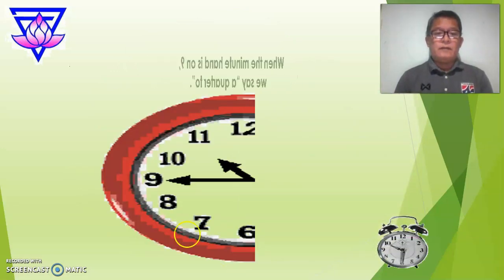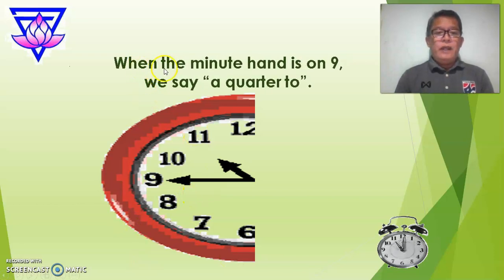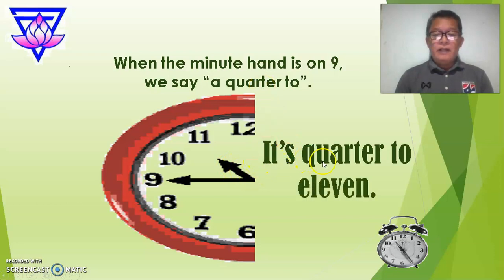Look. When the minute hand is on 9, we say quarter to. Here the short hand is almost at the 11. So the time is 11:45. Because the long hand is on 9 and the short hand is almost at the 11.